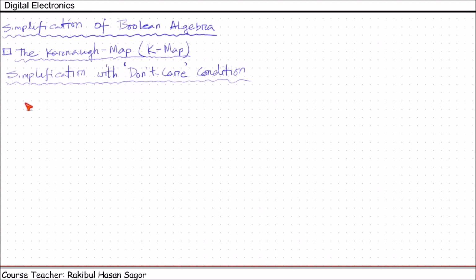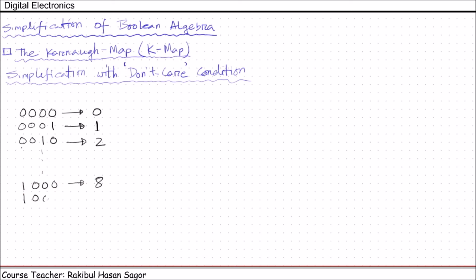Suppose we consider the BCD case. We know 0, 0, 0, 0 represents decimal 0. So this is BCD. 0, 0, 0, 1 represents decimal 1. 0, 0, 1, 0 represents decimal 2. In this way, 1, 0, 0, 0 represents decimal 8 and 1, 0, 0, 1 represents decimal 9.